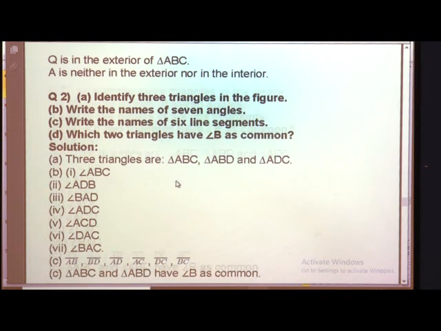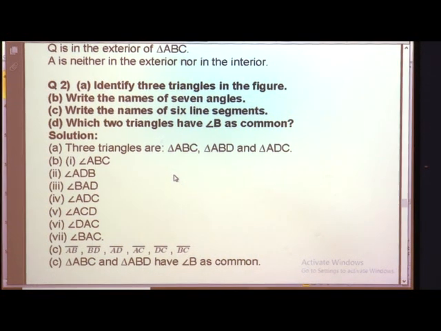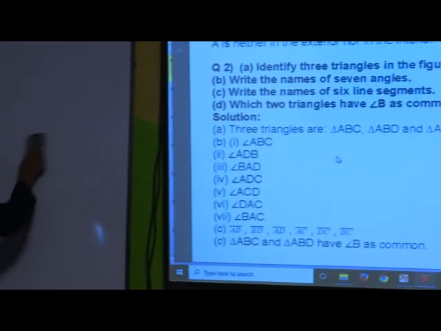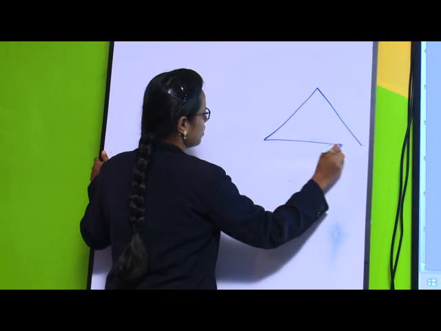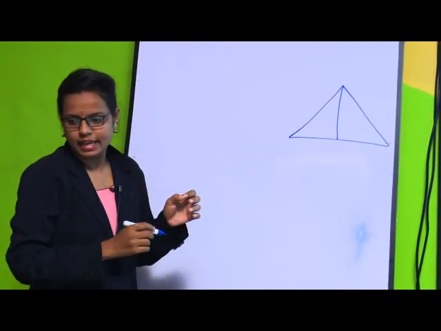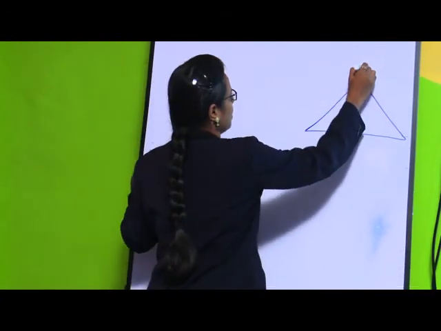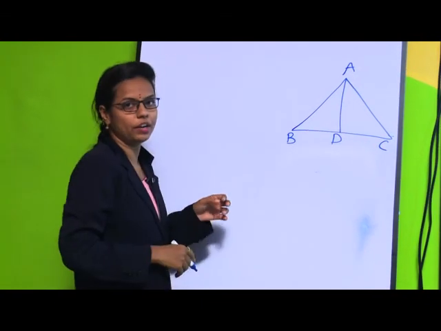Okay. Now, let us see the next question. Question number 2. Identify three triangles in the figure. Now, see here students, we have to draw a diagram. So, this is the diagram of the triangle that is named as A, B, D and C. We have two different triangles here.